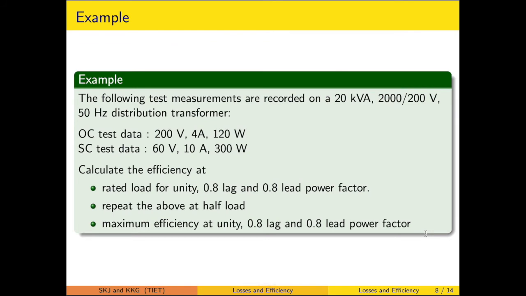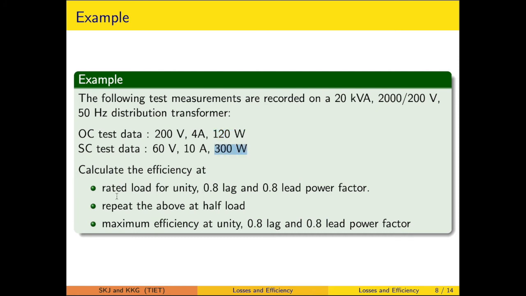So let us take this example, where the rating is 20 kVA. Open circuit test data suggests the loss as 120 watt, which is the Pi. Short circuit test data suggests the loss, which is the PCUFL.